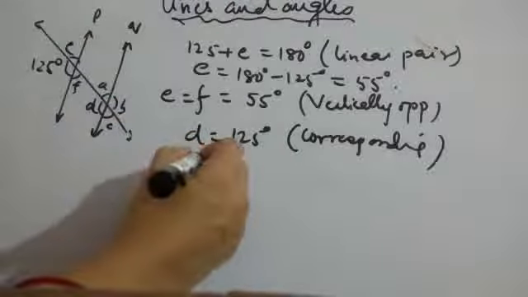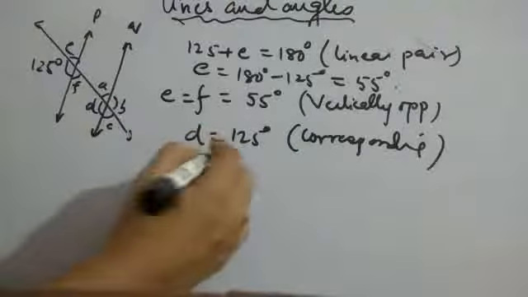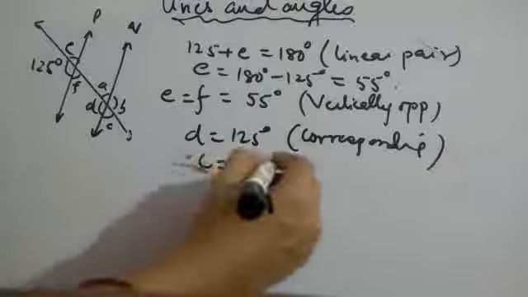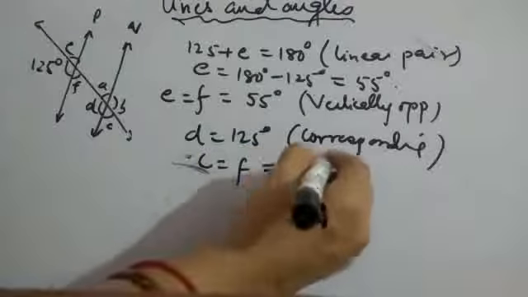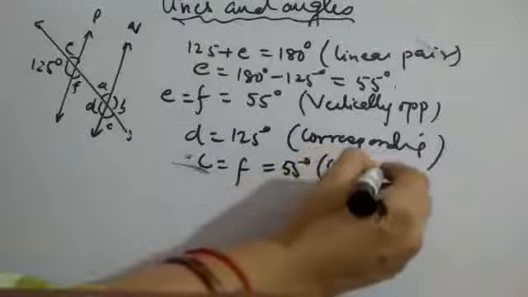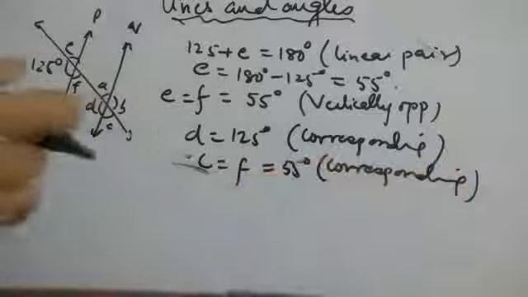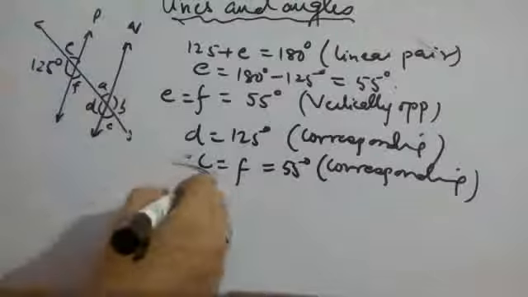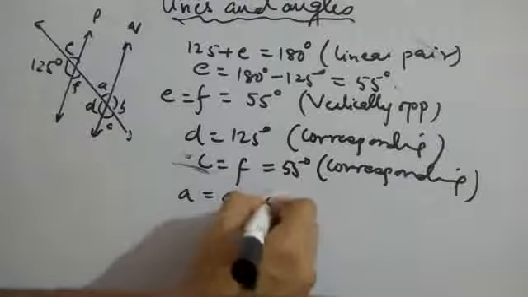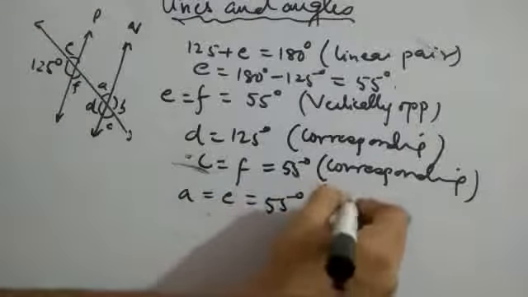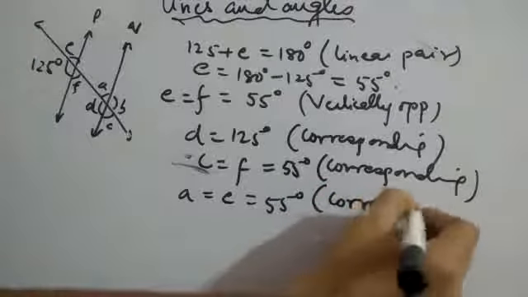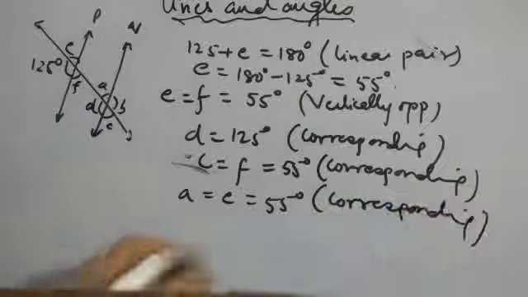Now C is equal to F equal to 55, again corresponding. Now similarly on this side, A is equal to E is equal to 55. They are also corresponding on the same side of the transversal, right?